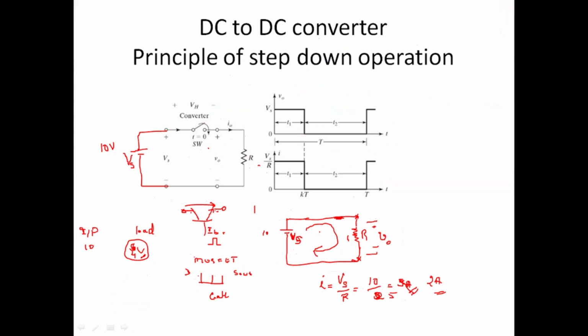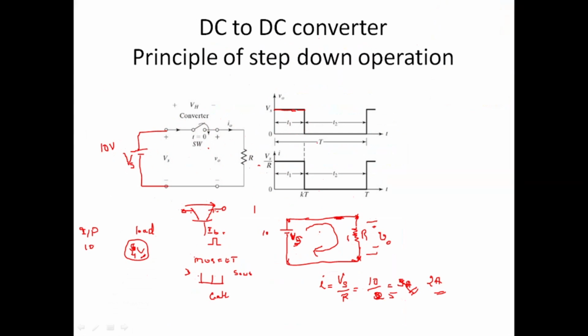So the output voltage when the switch is closed, for a time of T1, is Vs.